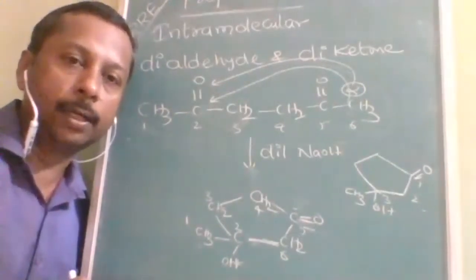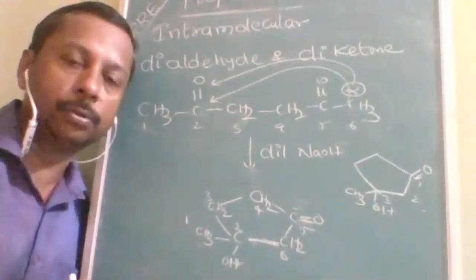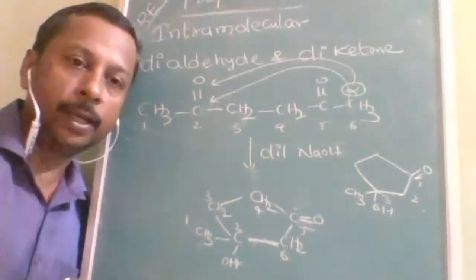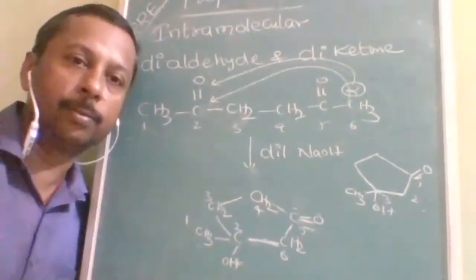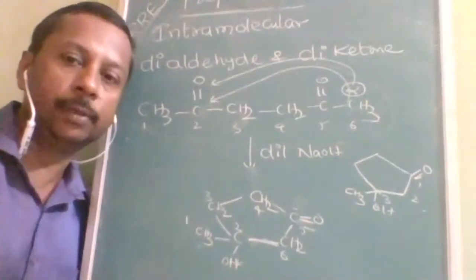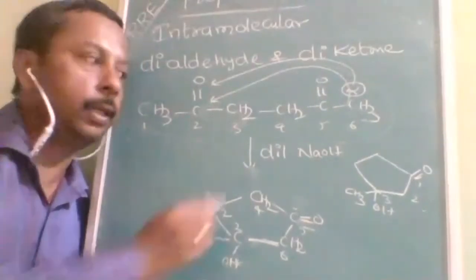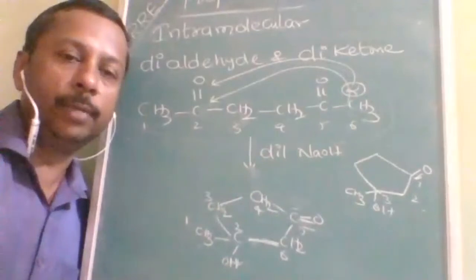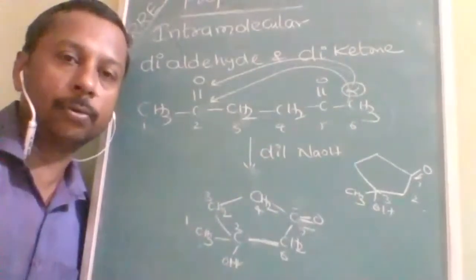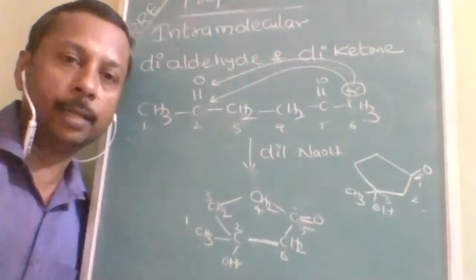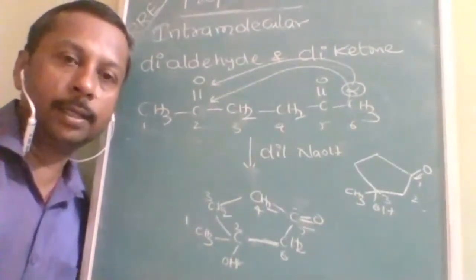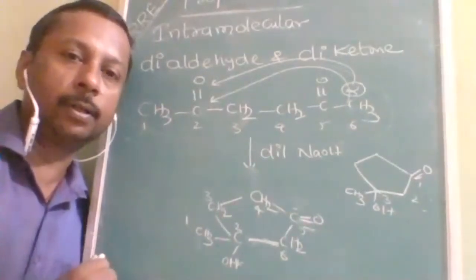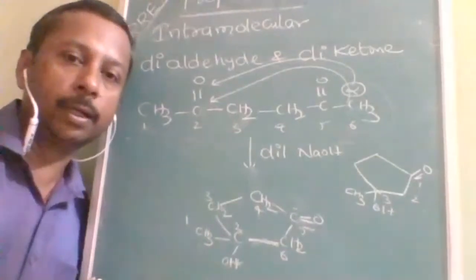Aldol condensation is condensation of 2 moles of aldehyde or ketone, and it can be 1 mole in the case of intramolecular, but both aldehyde and ketone must be present in one molecule itself, in presence of dilute alkali like NaOH, to give beta-hydroxy aldehyde or ketone. How many types are there? Three types: simple aldol condensation, crossed aldol condensation, and intramolecular aldol condensation.